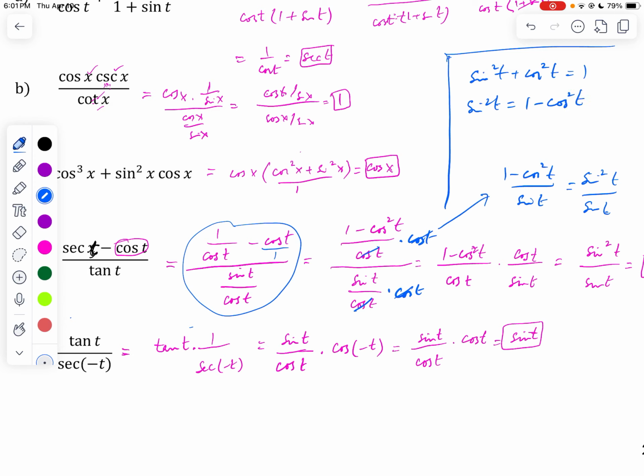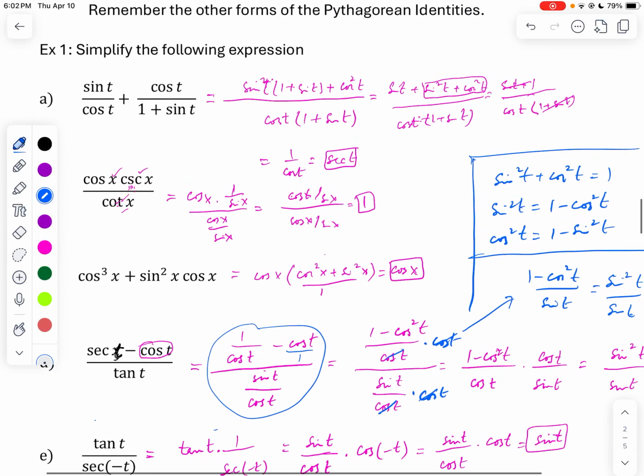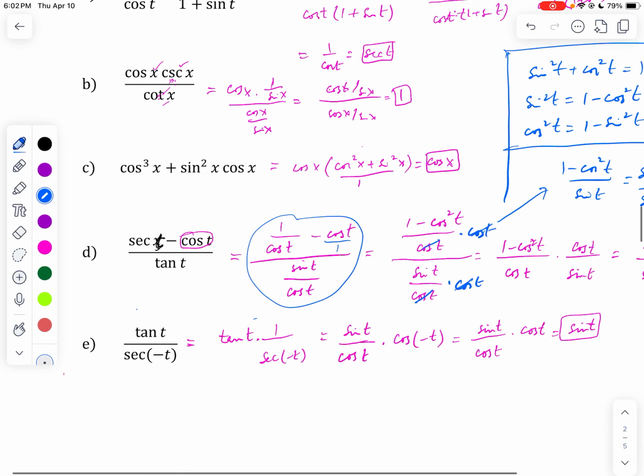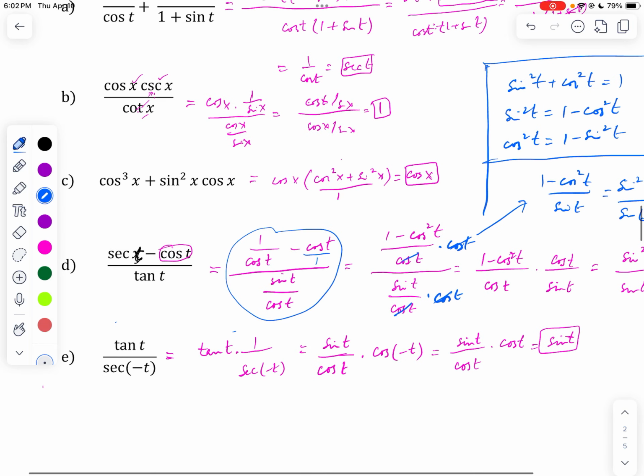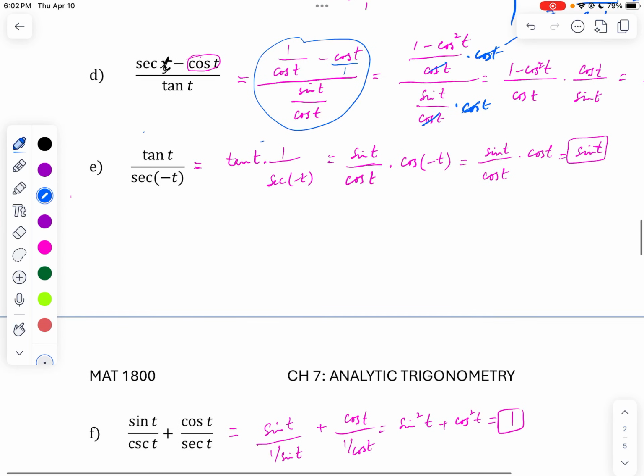So also we should be able to see that cosine square t is 1 minus sine square t. So as needed, you can get the form that you need from here. There is actually another way to do this problem as well, which I will show you after we do the next two which are here.